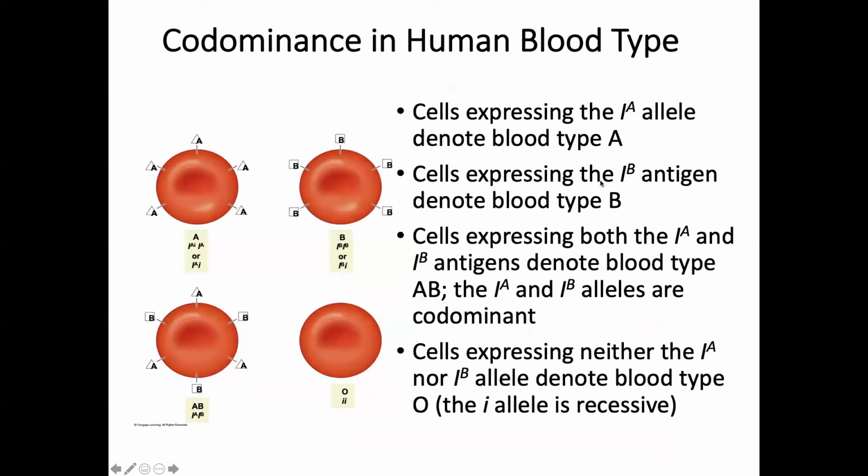In the ABO blood type system, we can also see an example of co-dominance. Cells expressing the I^A allele denote blood type A, because the big I^A allele produces A antigens on the cell surface. And this A antigen is a glycoprotein, we learned that, right? In the second lecture, cell membrane proteins can work as surface markers. Similarly, the big I^B denotes blood type B by producing B antigens.